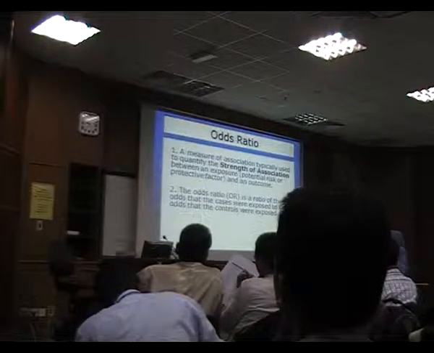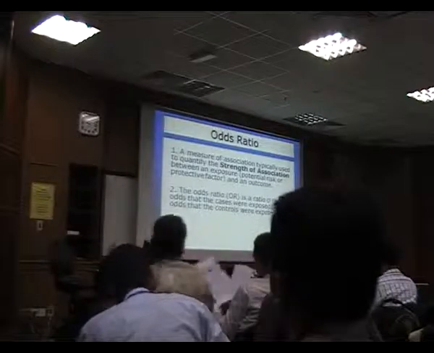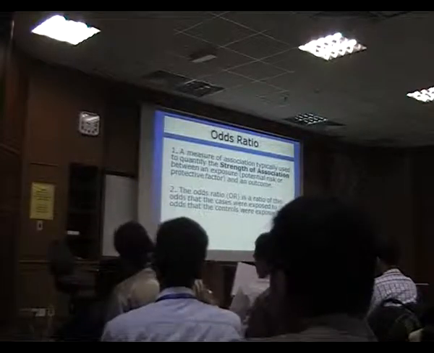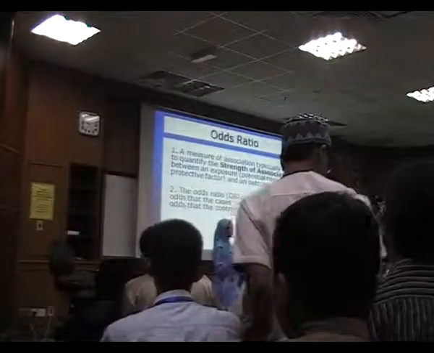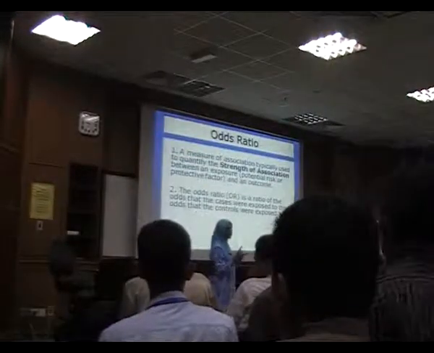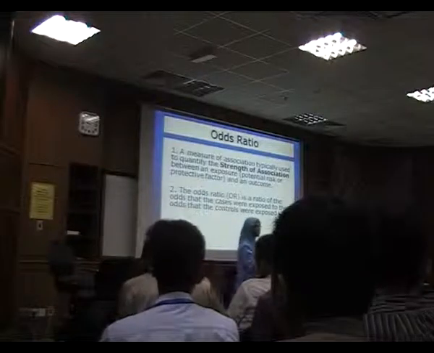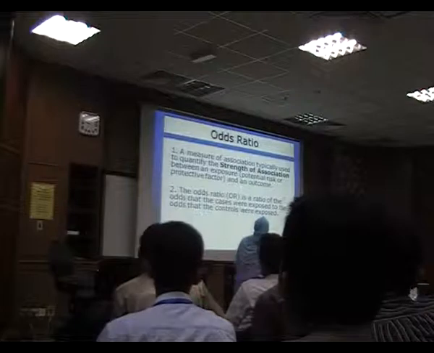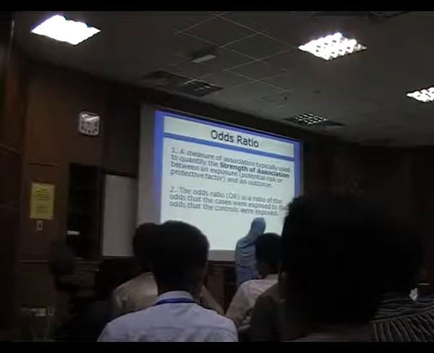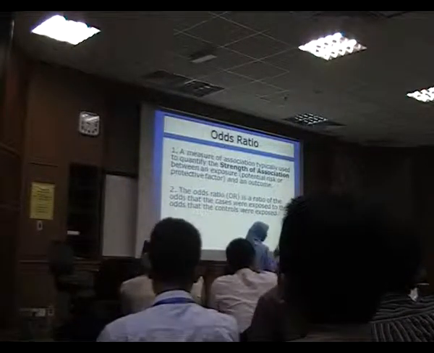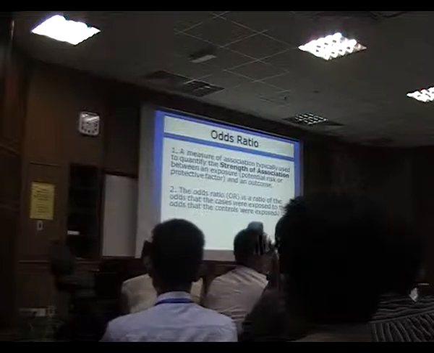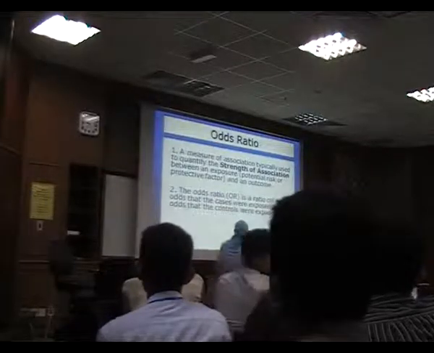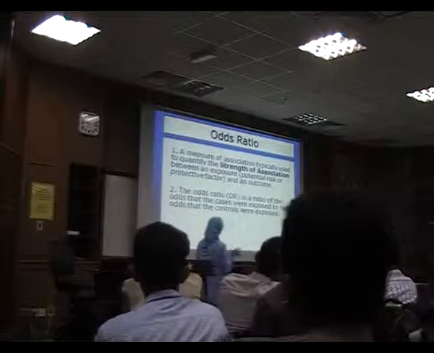The odds ratio is a measure of association used to quantify the strength of association between the exposure and the outcome. Okay, you understand now? And what is the odds ratio?